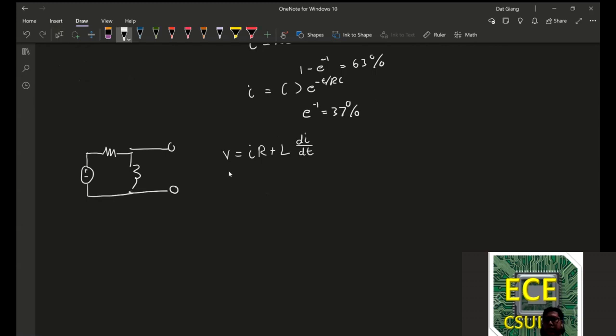Right away, we can find the voltage and current, but I'm going to skip solving this differential equation for now and say, okay, voltage is going to equal something times 1 minus e to the negative t divided by L over R. And I'm going to put parentheses around here to preface this. Similarly, current is going to be something times e to the negative t divided by L divided by R, just to demonstrate our point.